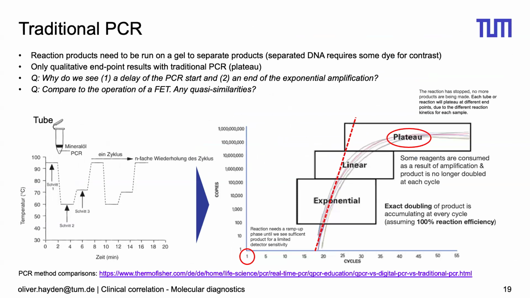From, again, the bird's view, if you think about amplification, on the y-axis, this would be the log scale of the copy numbers we are producing by cycling, ideally in such a way that every cycle we have 2 times more, right, over the cycle numbers.